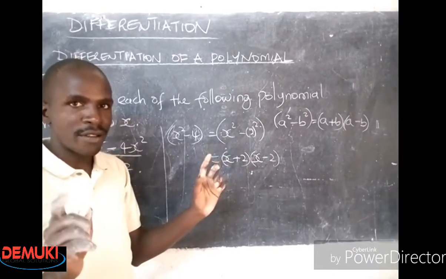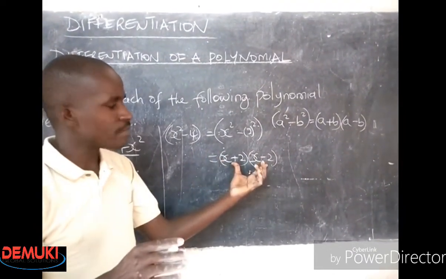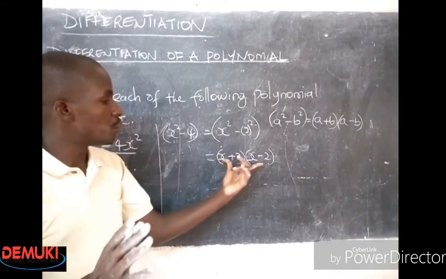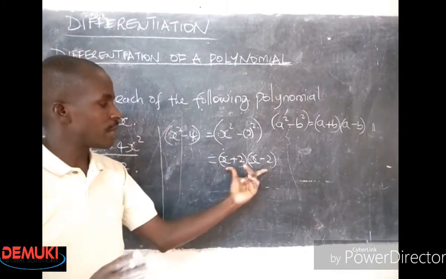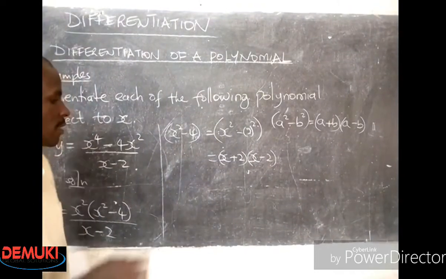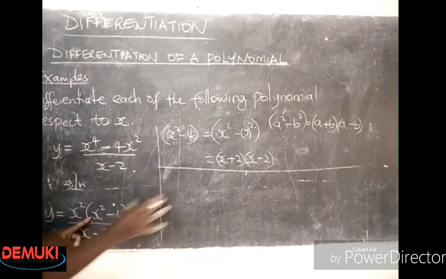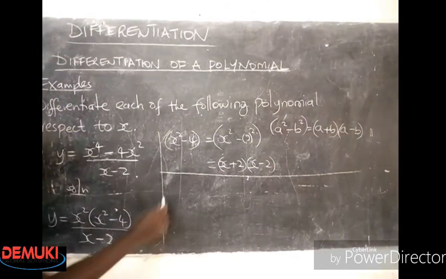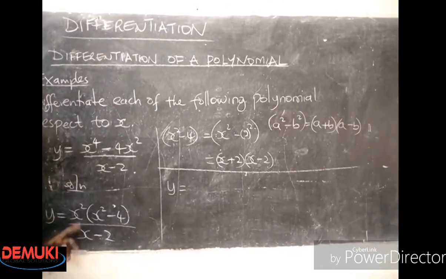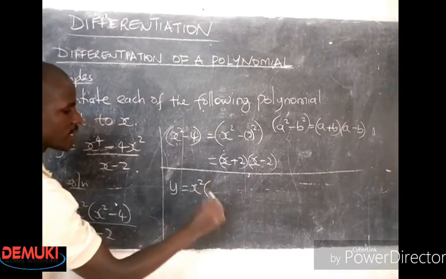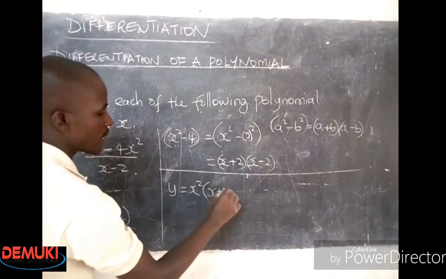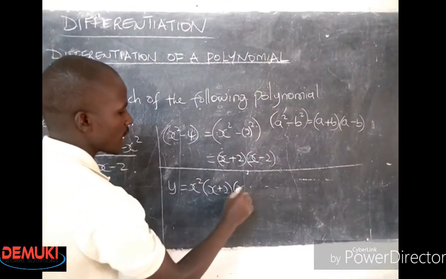And sure enough, if you expand this one, you finally get this one. So we can replace this one with this one. So our expression shall be y equals x squared times x plus 2 times x minus 2.